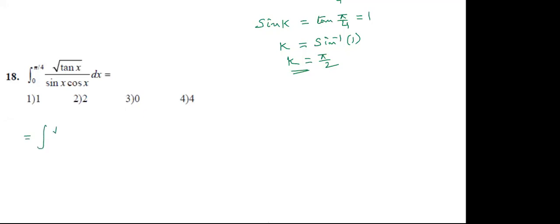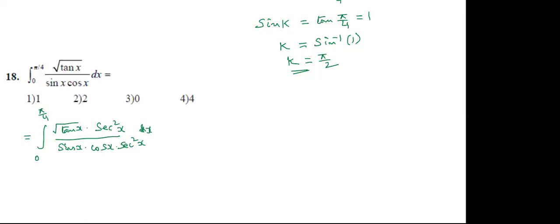Integration root tan x into secant square x divided by sin x into cos x into secant square x dx. Now observe the denominator. Secant square x means we can write 1 by cos square x.